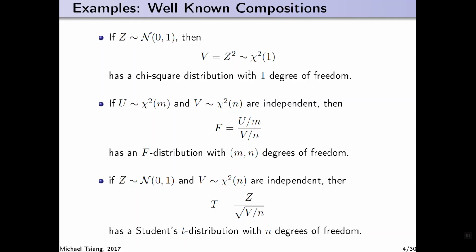If you have chi-squared distributions with m degrees of freedom, and we will talk about getting a chi-squared distribution with m degrees of freedom, basically you just take a sum of m chi-squared distributions with 1 degree of freedom. So if you have five values of V and you add them up, then you will get a chi-squared distribution with 5 degrees of freedom, and so on and so forth.